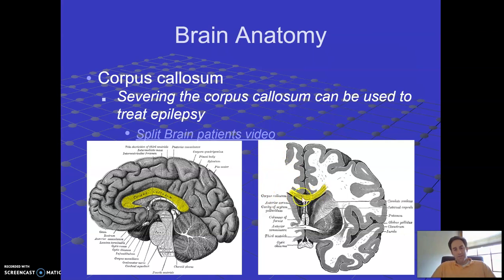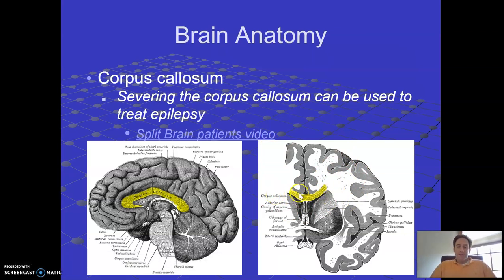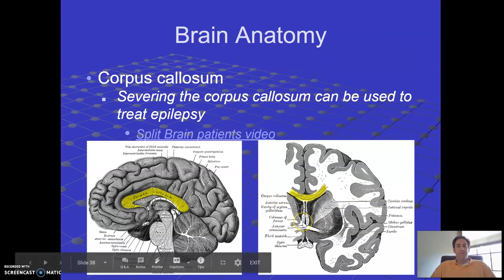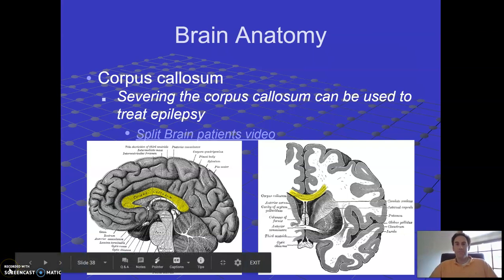It amplifies, goes across, amplifies, goes across, amplifies, and it gets out of control until you collapse and have a seizure. So what they found is that by severing the corpus callosum, they can actually treat epilepsy. But that has some consequences, and I think I'm going to pause here and leave that as a cliffhanger for our next screencast. What consequences would come from severing that?